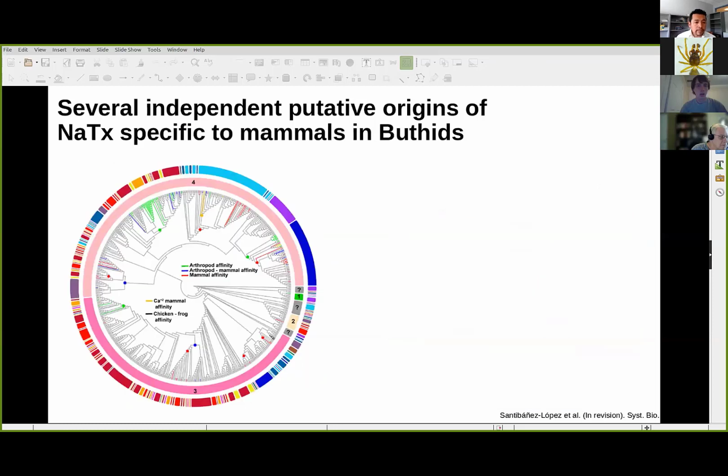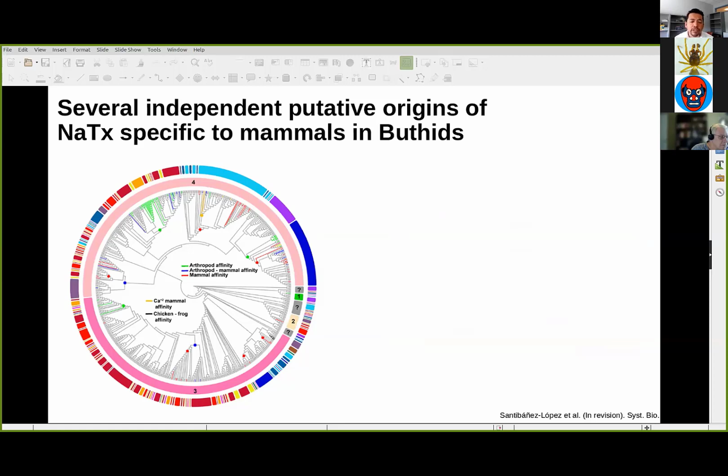Okay. Now, using maximum likelihood trees and ancestral state reconstruction, we were able to recover several independent putative origins for these toxins that have high affinity to mammals in the buthid lineage. And here you see that there are 5 major groups for these toxins.